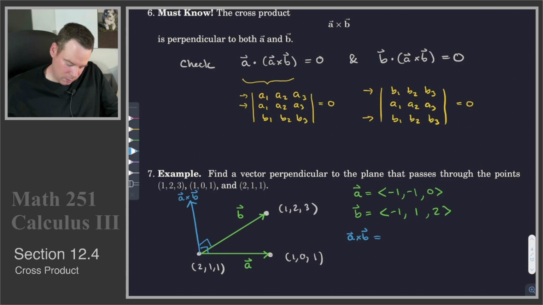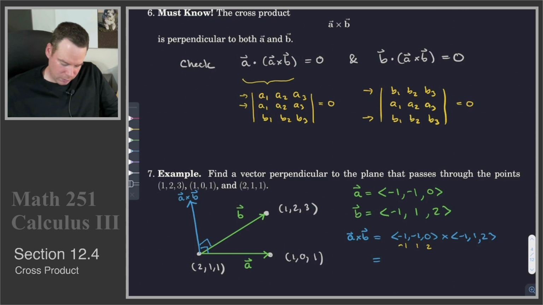A cross B would be (-1, -1, 0) cross (-1, 1, 2). Again, I like to write the numbers down below. In fact, I probably didn't even need to write that line out because I already had them situated nicely, already stacked, so I could start to read the cross product off of it.